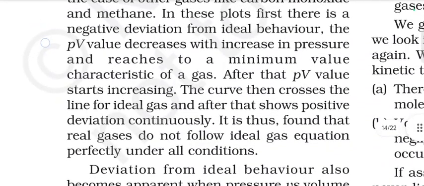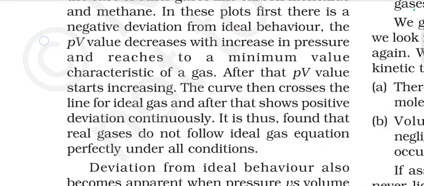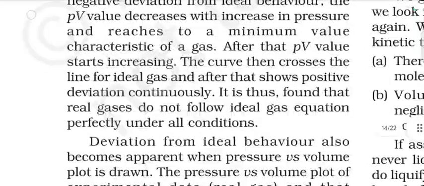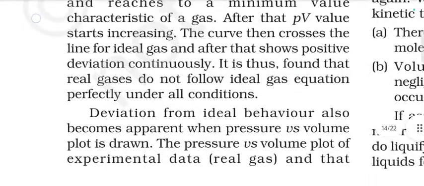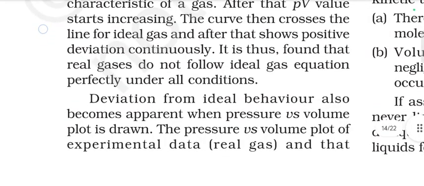In these plots, first, there is a negative deviation from ideal behavior. The PV value decreases with increase in pressure and reaches a minimum value characteristic of a gas. After that, the PV value starts increasing. The curve then crosses the line for ideal gas and after that shows positive deviation continuously.